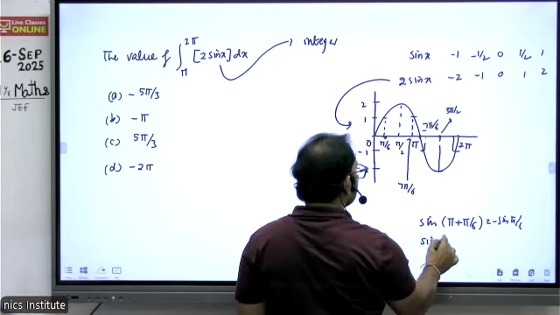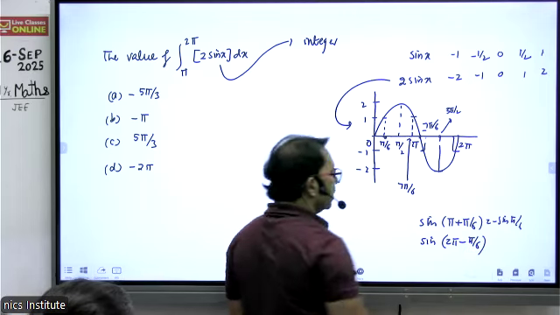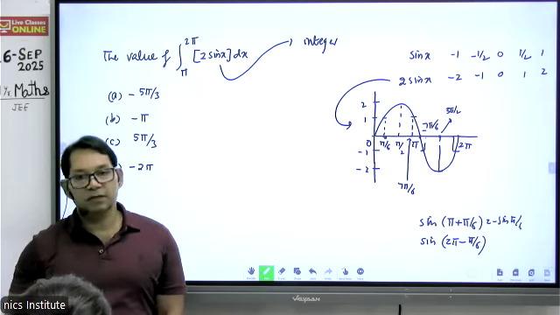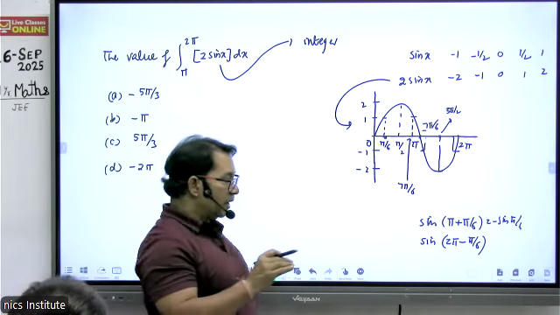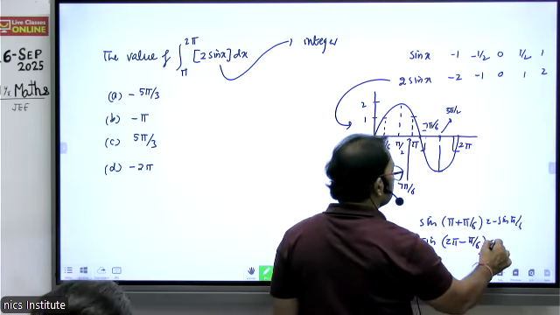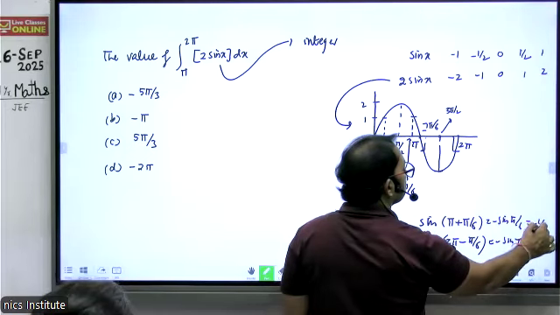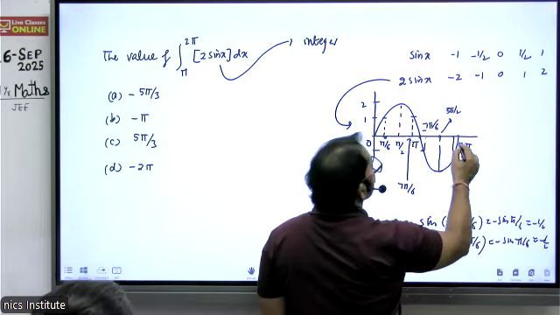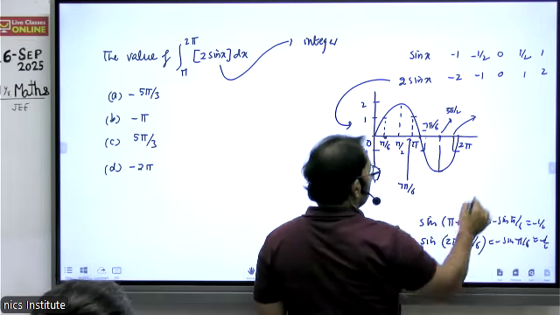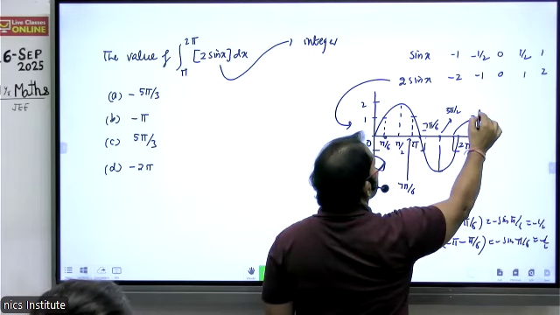Also, sine is negative in the fourth quadrant. Sine(2 pi minus theta) is also minus sine theta. Remember this. Sine(pi plus theta) is minus sine theta. Sine(2 pi minus theta) is also minus sine theta. So this value is 2 pi minus pi by 6, 11 pi by 6.